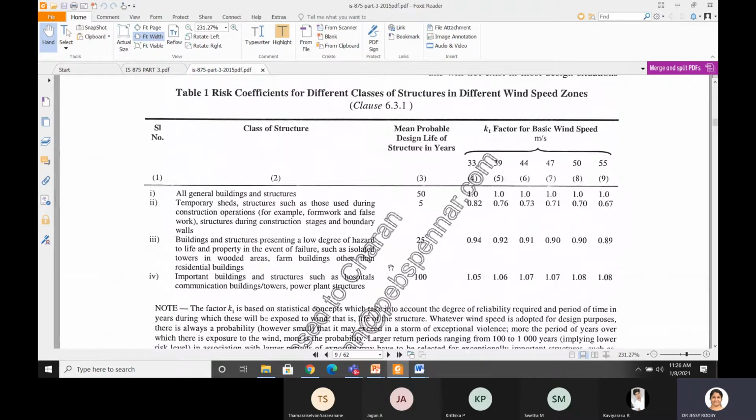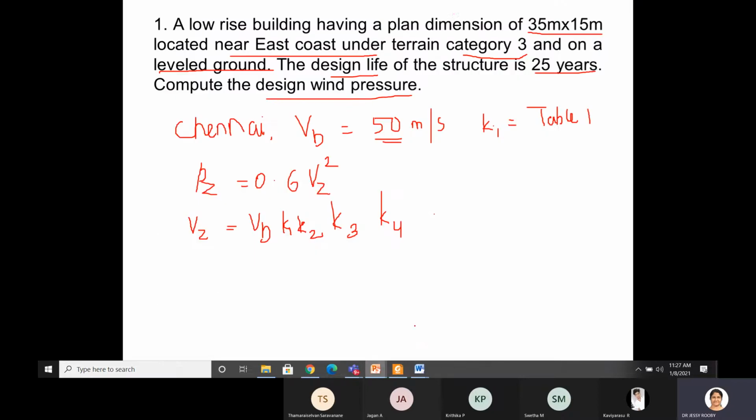Refer to this Table 1 and tell me what will be the value of K1. Did you see the question? A low-rise building having a plan dimension, all these things.